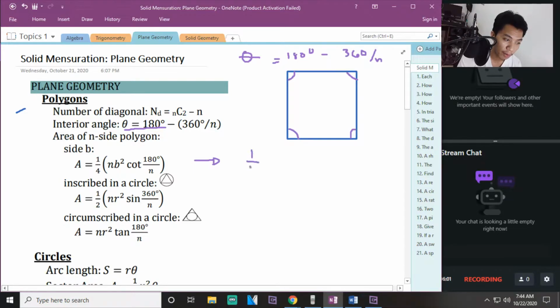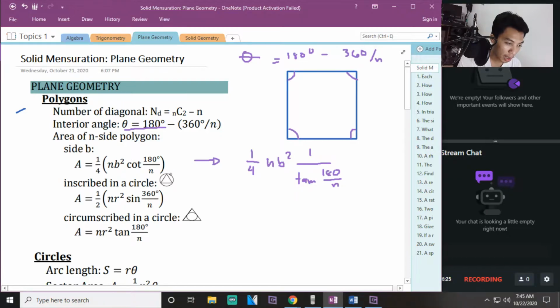O di 1/4 times NB squared. Ano ba yung N? The number of sides. B is the length of the side. Okay? Cotangent. O di 1 over tangent 180 over N. Where N is the number of sides, B is the length of the side.